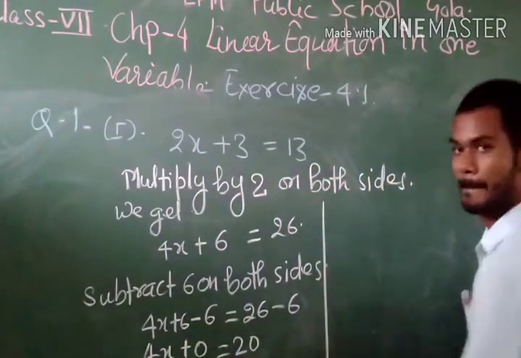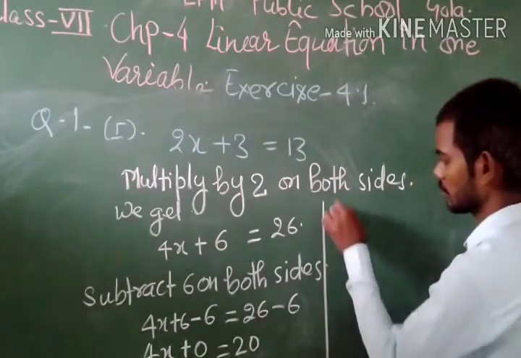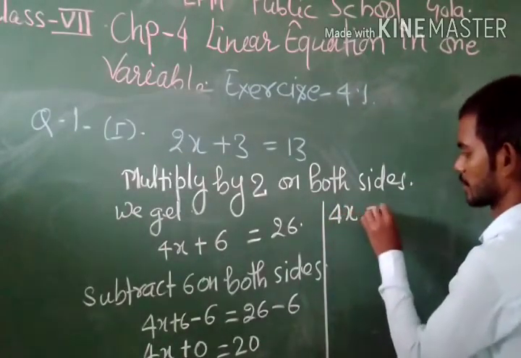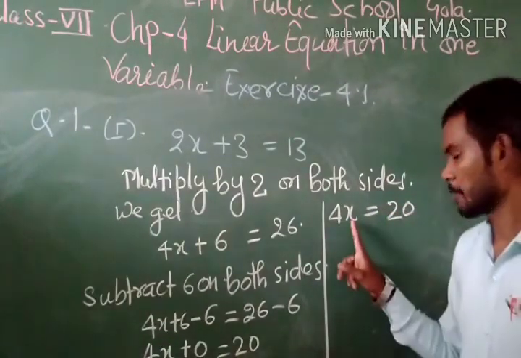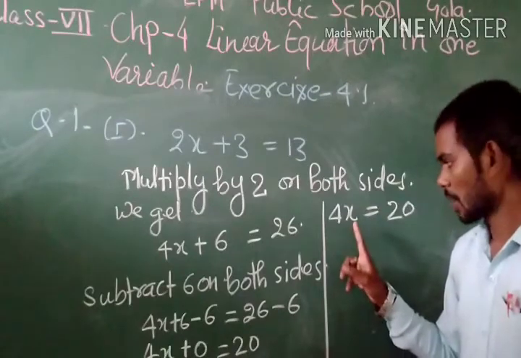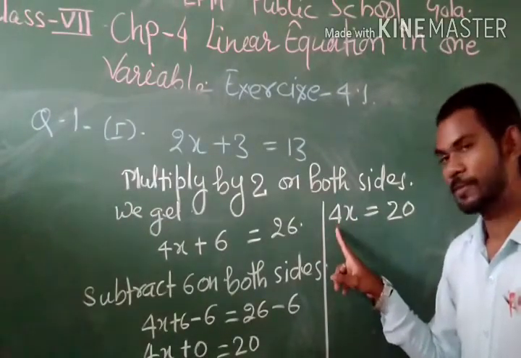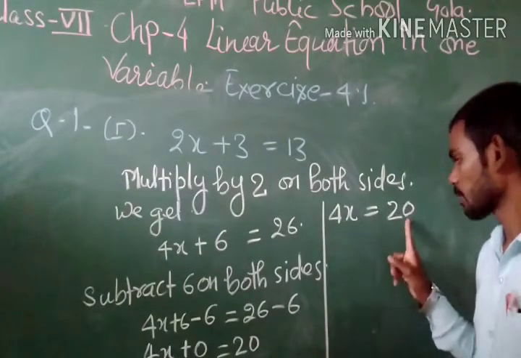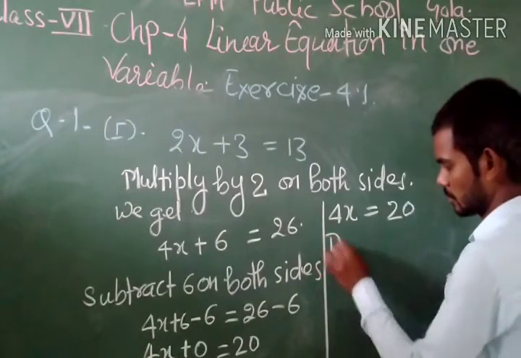Again, now this is 4x is equal to 20. Here we can see that the variable x contains 4. To remove this 4, divide both sides by 4.